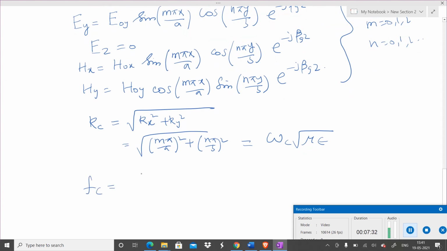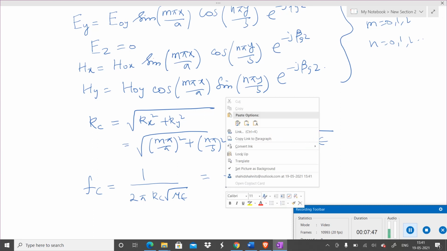fc is equal to 1 over 2 pi, Kc under root of mu epsilon, which is equal to 1 over, or sorry, Kc will be in the numerator.